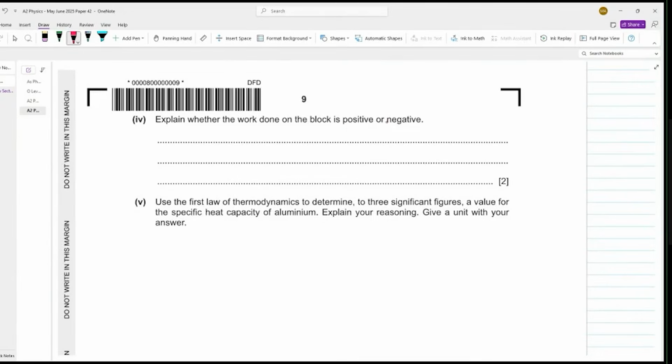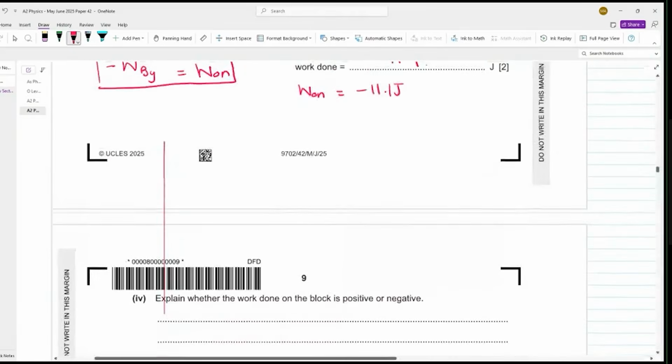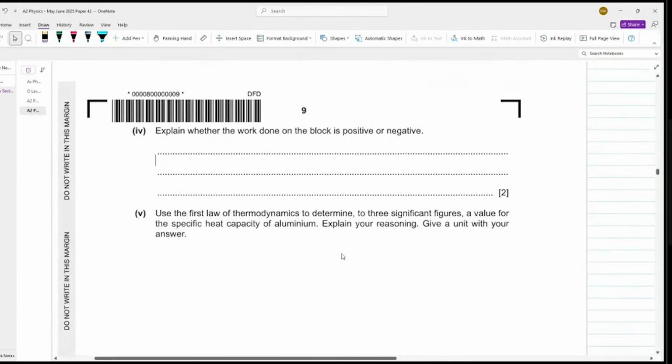Explain whether the work done on the block is positive or negative. You will say it is negative. What is work done on the block? Negative. Now, why is this negative?